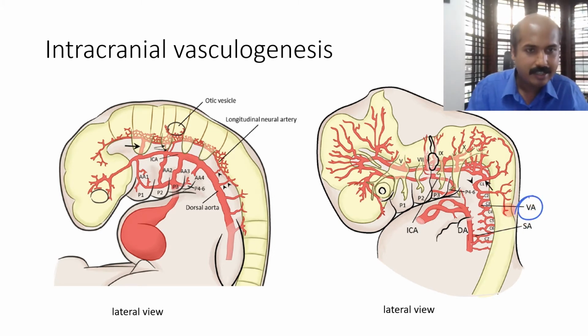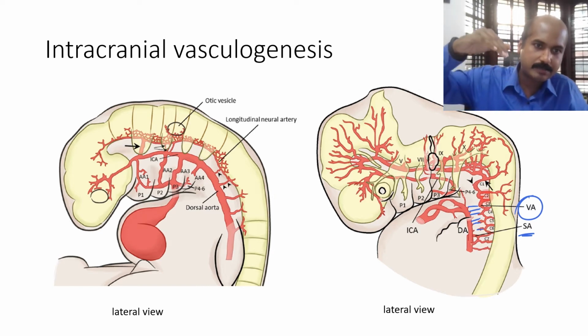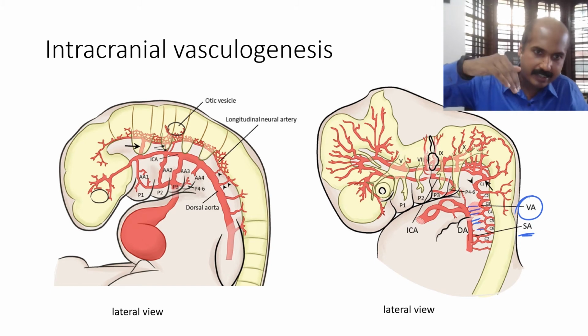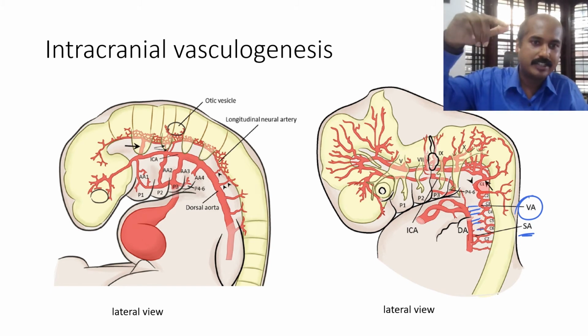So the vertebral artery comes only later in the embryology. The vertebral artery, you know, develops from the subclavian. This is the subclavian artery, and from it you have a lot of intersegmental arteries. The intersegmental arteries will have a series of longitudinal anastomoses, and all those longitudinal anastomoses get connected, and the main trunks get deleted, and that forms the vertebral artery.